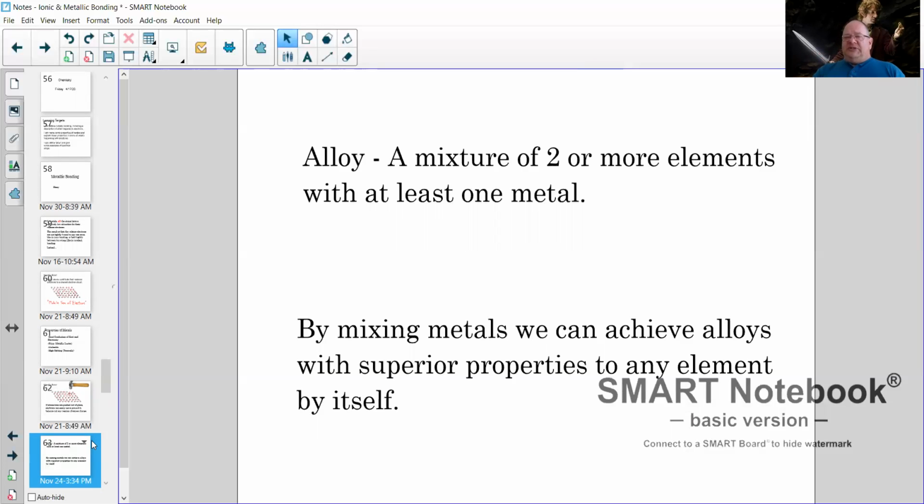We mix elements together. A really useful element out there is iron, but most of the time the iron is mixed with some carbon and often lots of little bits of other elements to make various types of steel. Oh, steel is really useful. See, iron by itself is a little bit on the brittle end of metals.